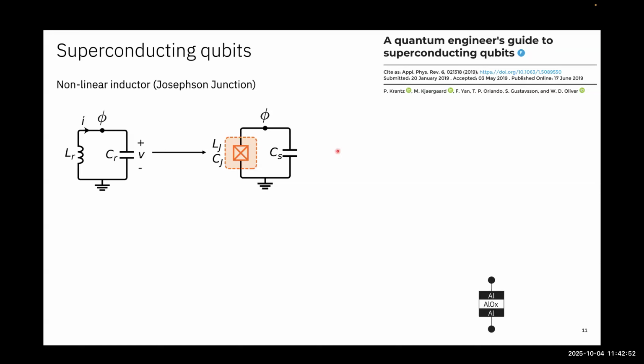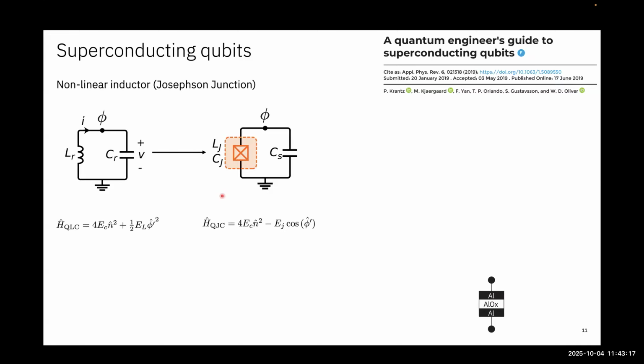To be specific, a Josephson junction is just what you get when you sandwich a superconductor, an insulator, and a superconductor. This is a Josephson junction. And because aluminum at about 1.2 Kelvin is a superconductor, we get all the properties that we need to form a qubit.